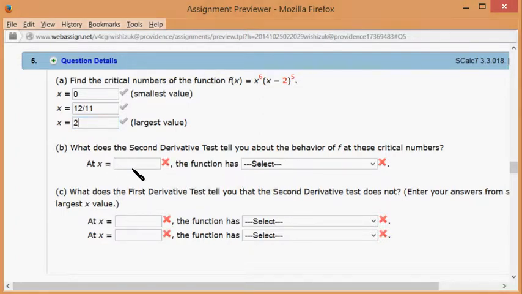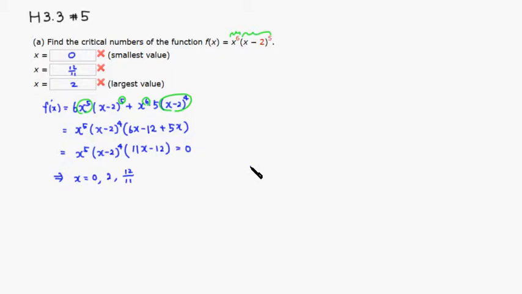Alright, so let's go to the next part. We want to do a second derivative test, so we have to take the second derivative. It seems like we have three things multiplied together.